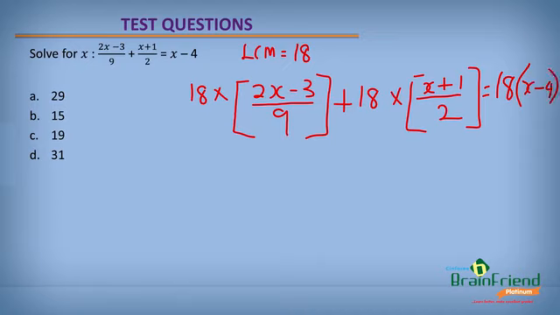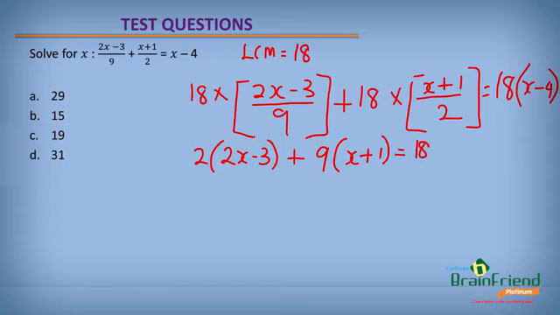So we multiply this. 18 divided by 9 leaves us with 2, so we are left with 2, bracket open, 2x minus 3, plus, same applies here, 18 divided by 2 leaves us with 9, so 9 times (x plus 1) is equal to 18 bracket open, x minus 4.